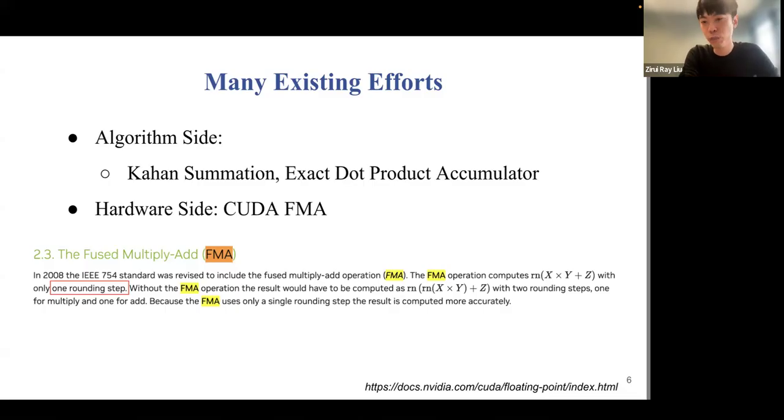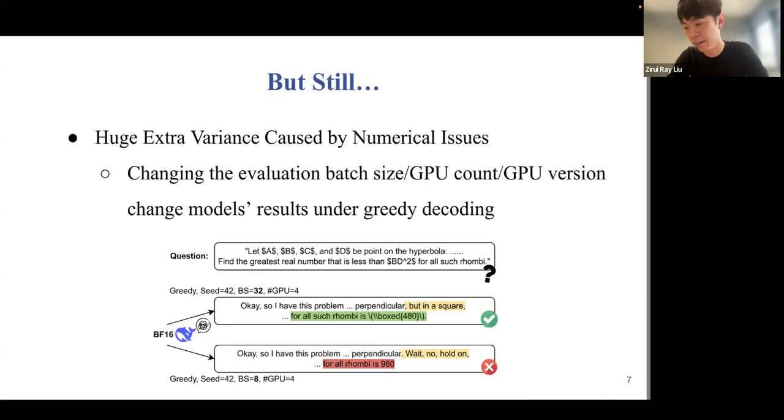You only do one rounding step for the multiply and add operation instead of two. If you don't apply FMA, you need to do two rounding steps, because every time you generate intermediate results, you need to do rounding. With FMA, you only do one rounding step to increase the numerical precision.